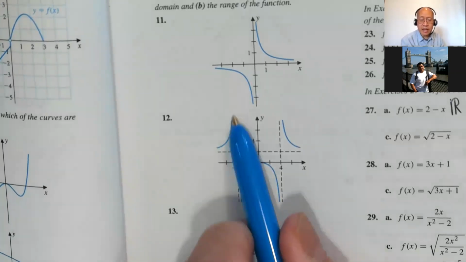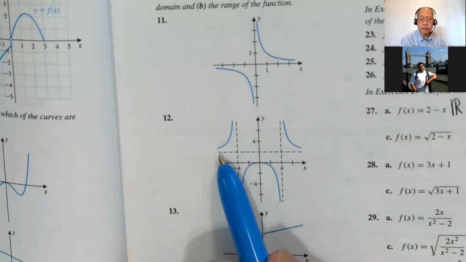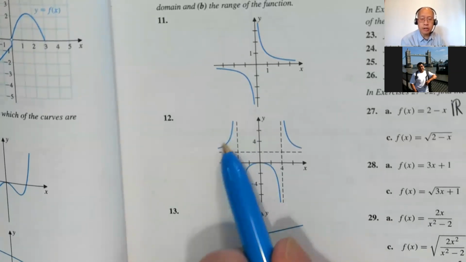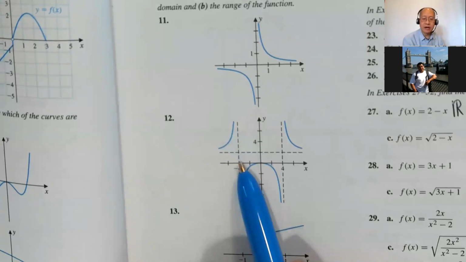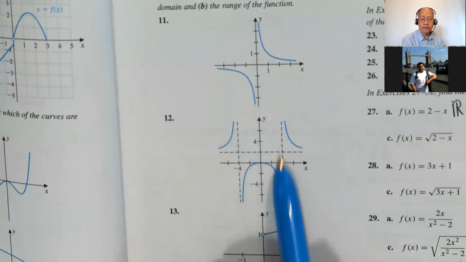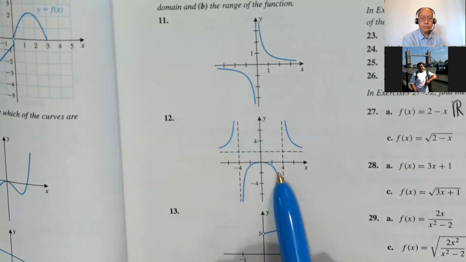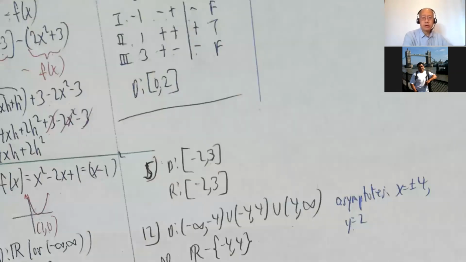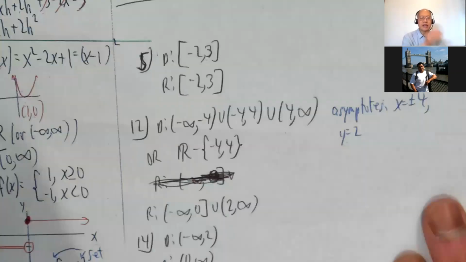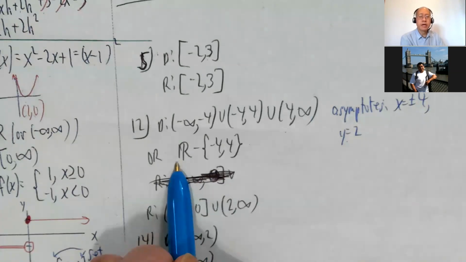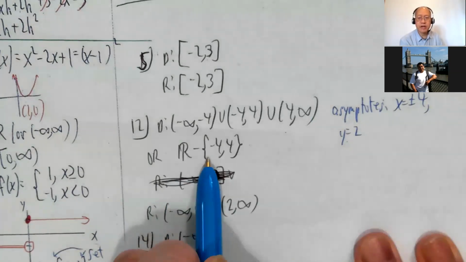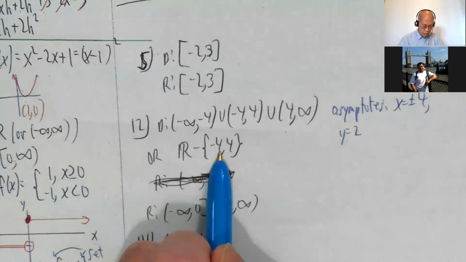So when they write it like that, you assume you get really close to -4. All the numbers right up to -4, but not -4 itself. And not 4 here either. So the way I like to write it is all real numbers minus the set consisting of -4 and 4.